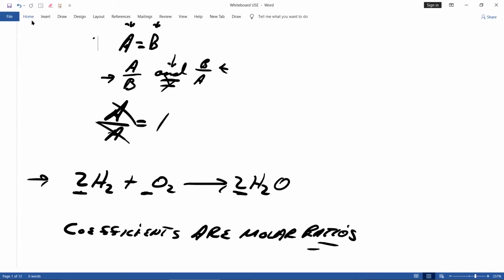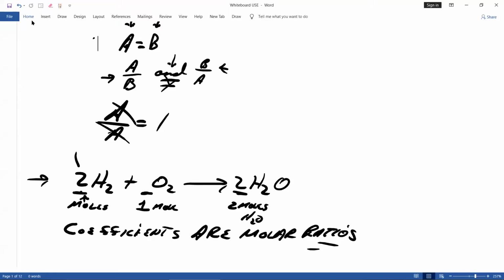And what this means is 2 moles of hydrogen reacting, when there's no number, and a lot of you missed this on the lab, 1 mole of oxygen, to make 2 moles of water.